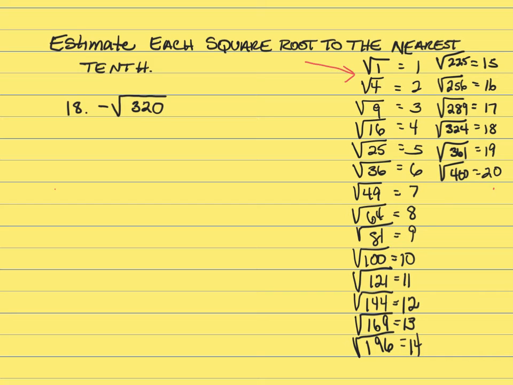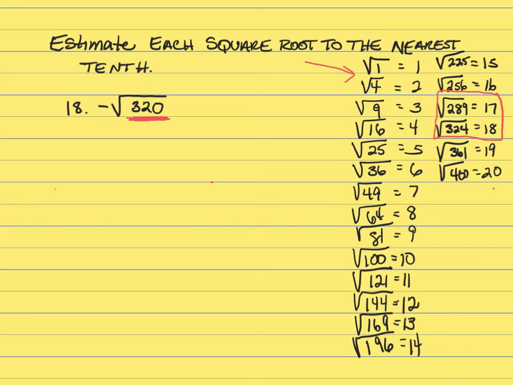Now we're looking for a pair of numbers that 320 is between, because 320 is not a perfect square. So we're going to look in our list like we've done before, and we come to 17 and 18, because 17 squared is 289 and 18 squared is 324.